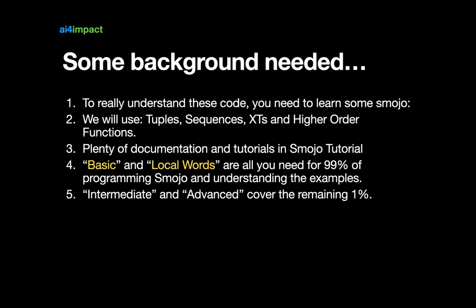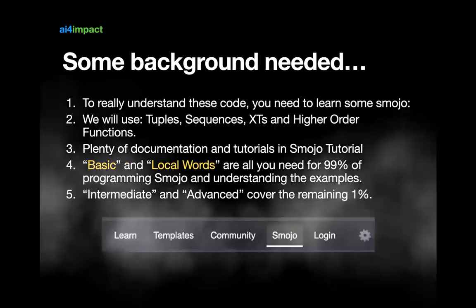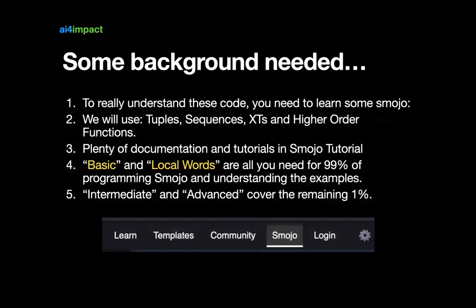Really all you need to know, I would say, is just the basic and local words part. If you just cover the basics and local words part, you would know 99% of all that needs to be known about programming Smojo. The remaining 1% is really for very advanced programming, which you are unlikely to use unless you're programming for other people, like making your own cloud modules and stuff like that.